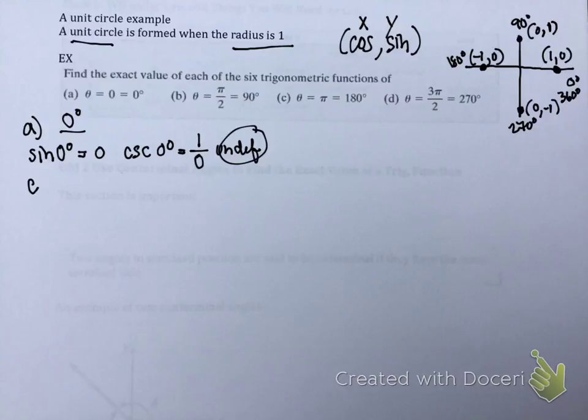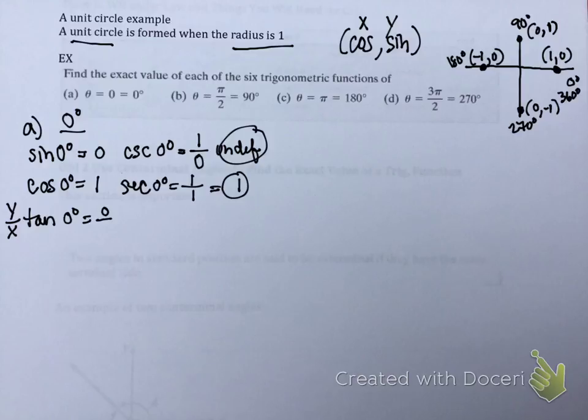Okay, cosine at 0 degrees. If I look at 0 degrees, I will see cosine is 1 because remember it corresponds to the x value. So to find secant of 0 degrees, I take the reciprocal of it, which is 1 over 1, which is 1. Okay, moving on. Tangent is defined as y over x, or sine over cosine.